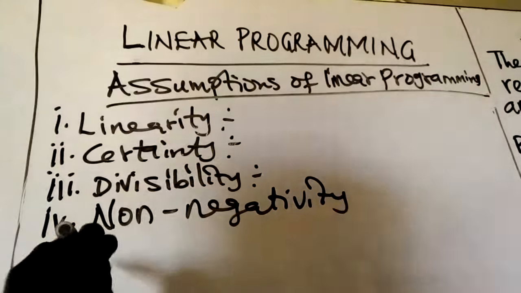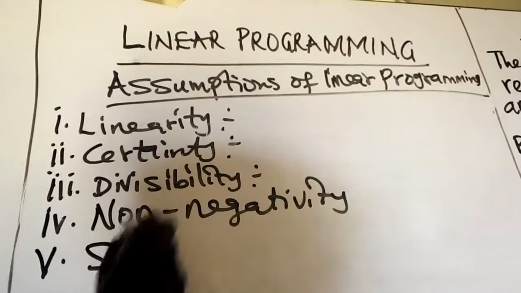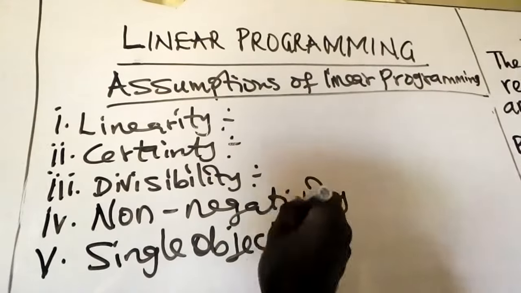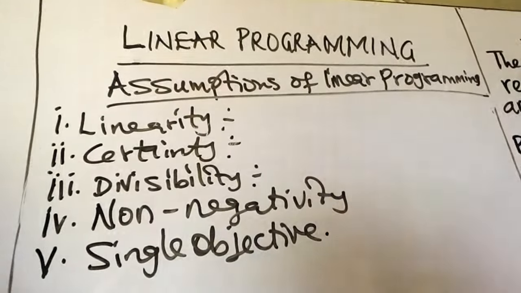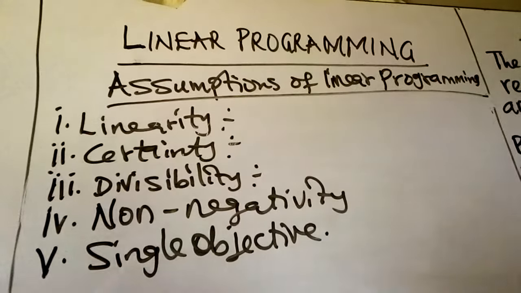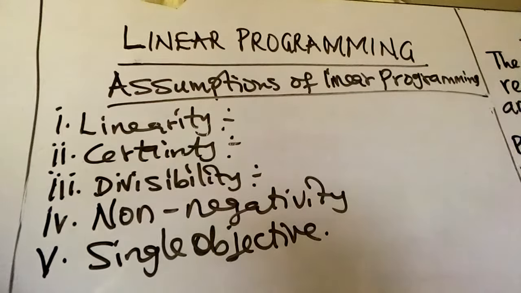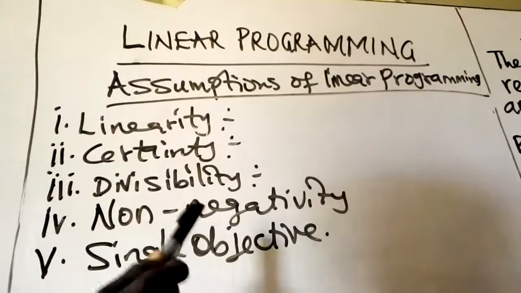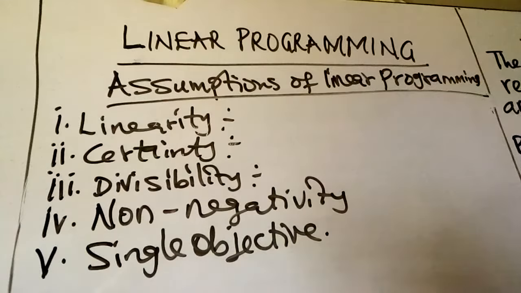Number 5 is single objective. Single means one. By single objective, we mean the objective must be single in nature. That is, you should always have only one objective in a given problem.